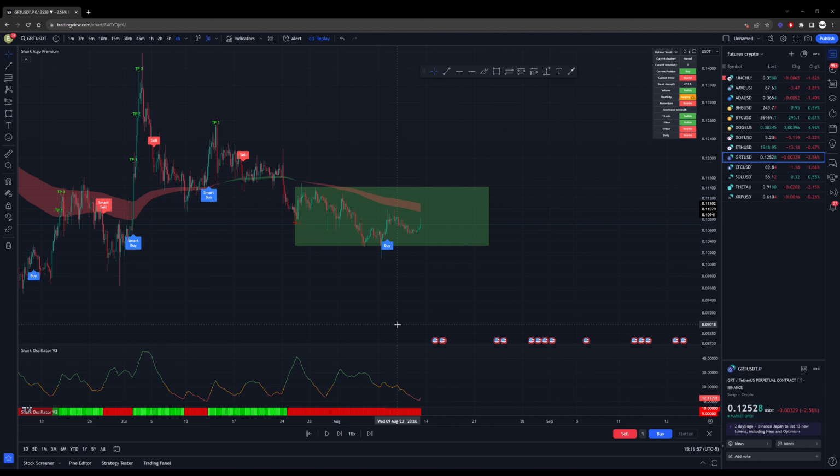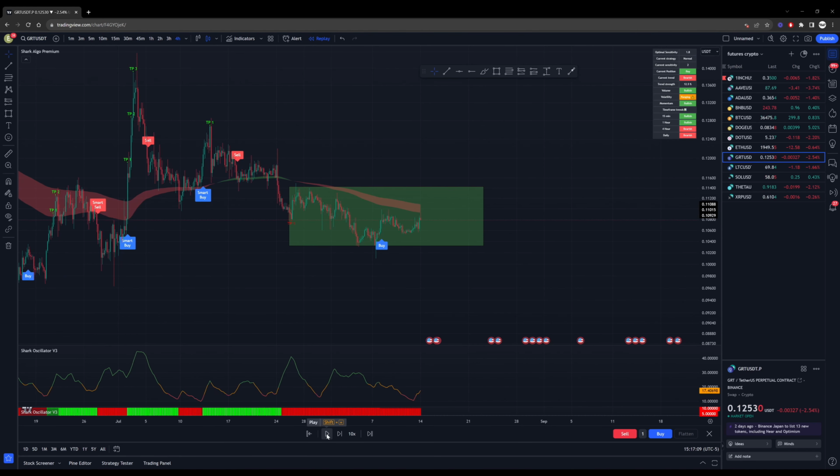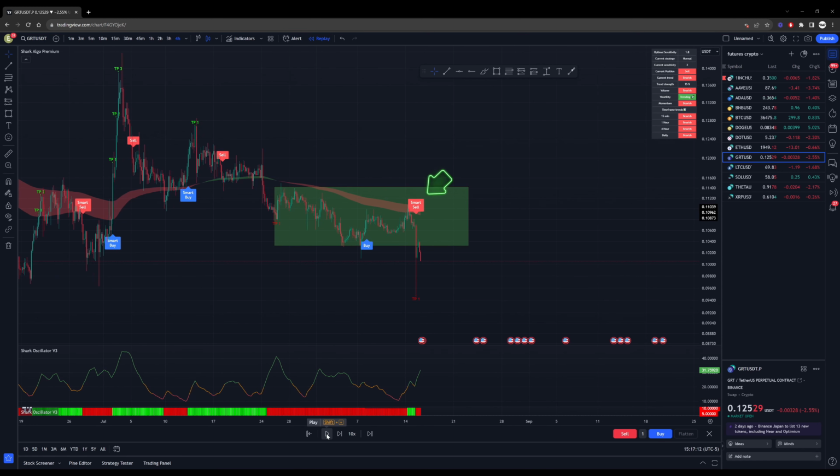Next, we wait for a sell signal. Why a sell signal? Because we have a red trend cloud, a red confirmation here at the bottom, and the 4-hour and daily time frames are also bearish. So we want to wait for a sell signal. Eventually we will get a sell signal right here, and we see that the price breaks below this box. This is where we want to enter the trade.